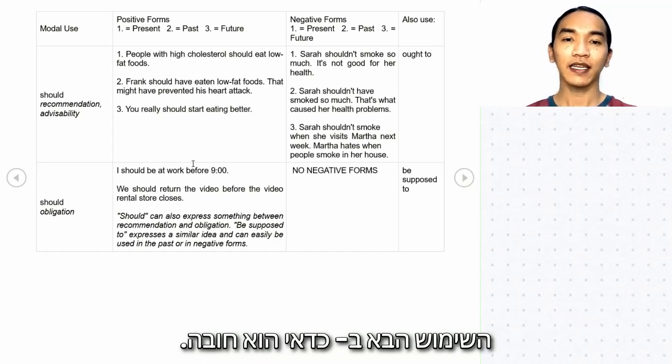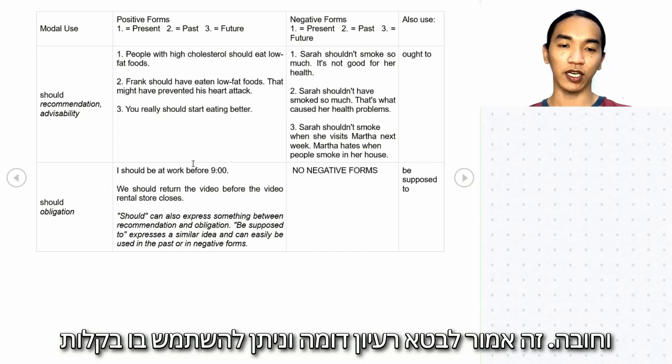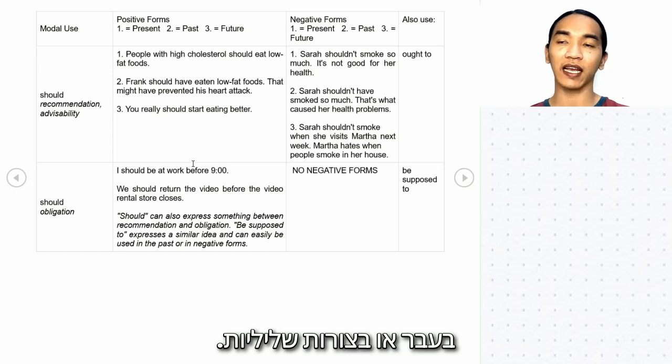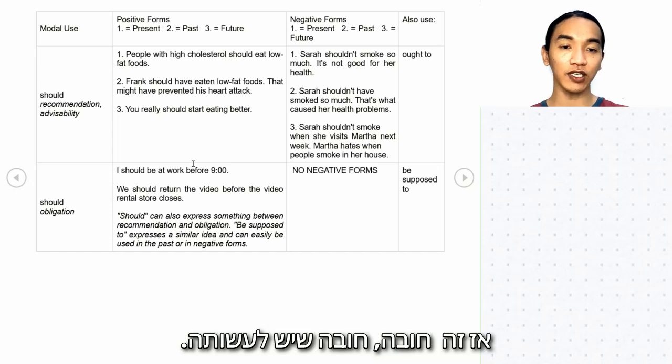Okay, next usage for should is obligation. Okay, now should can also express something between recommendation and obligation. So be supposed to expresses a similar idea and can easily be used in the past or in negative forms. Example, I should be at work before 9. So this is an obligation, a duty that is necessary to do.